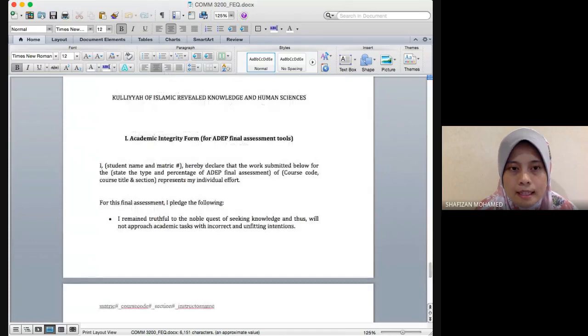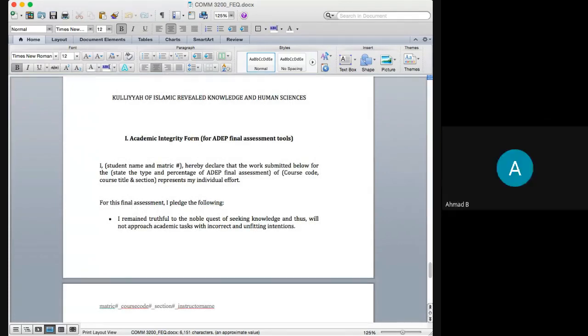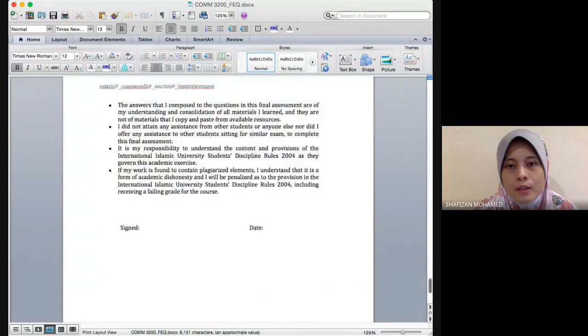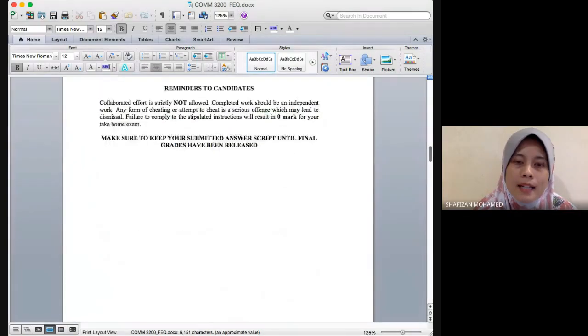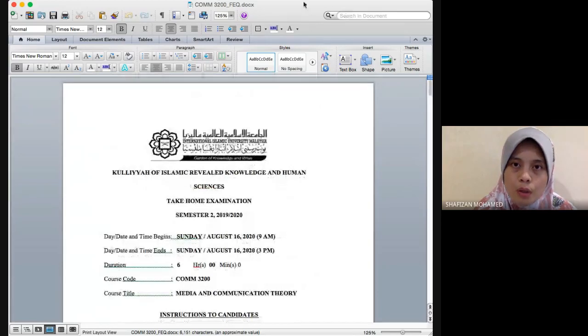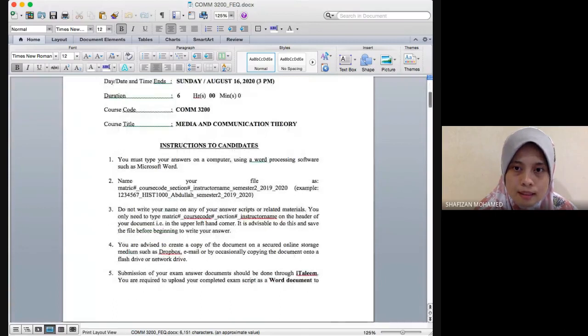This is the academic integrity form, because you must be honest. It's already an open book. Don't copy paste. Try to at least paraphrase if you found the answer somewhere. I just want to familiarize you with the question and the way the exam will be handled.